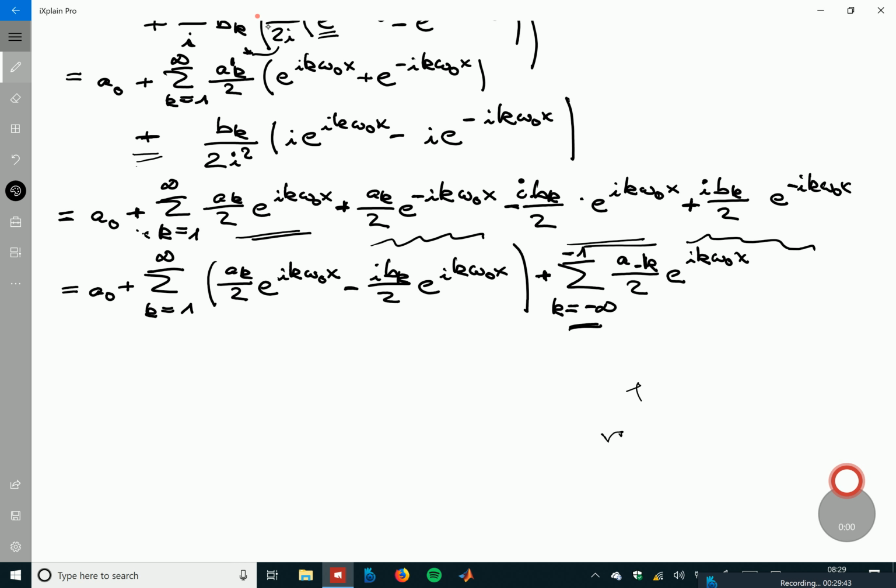That means here we have a_1, a_2, a_3, and so on, and here we have minus i times 1, 2, and so on. And now we re-express this with negative indices. So we go k equals minus 1, minus 2, minus 3, but we start at minus infinity. And then to have again our positive integers, we put a minus sign in front of this, and don't put a minus sign here because the minus comes in from here. It's just a trick.